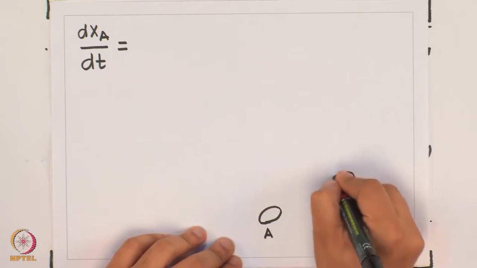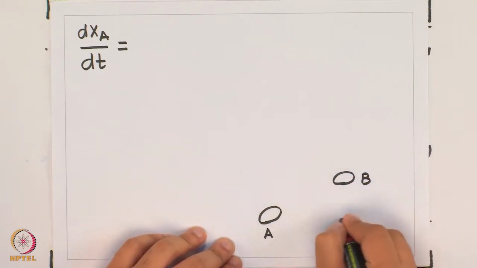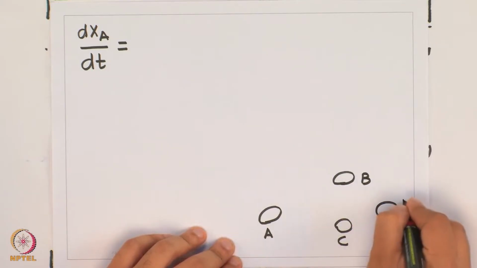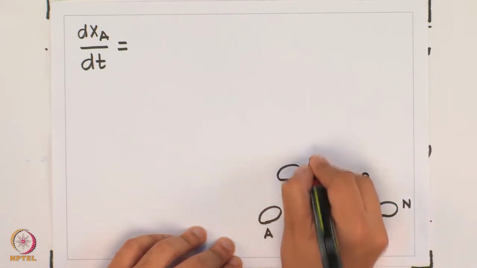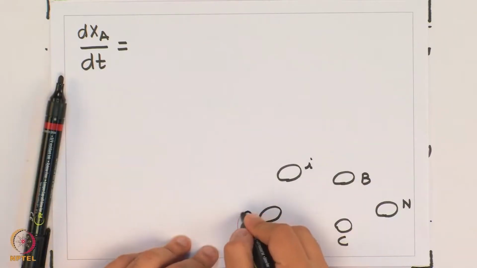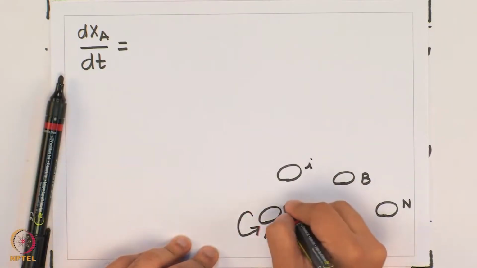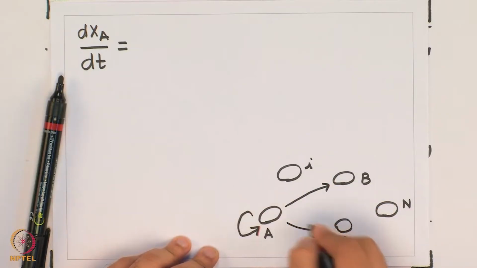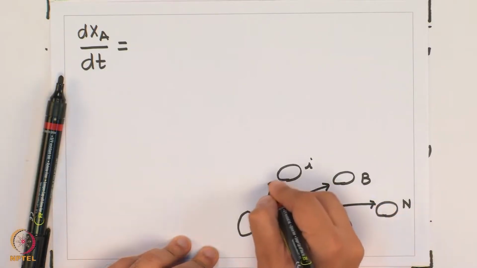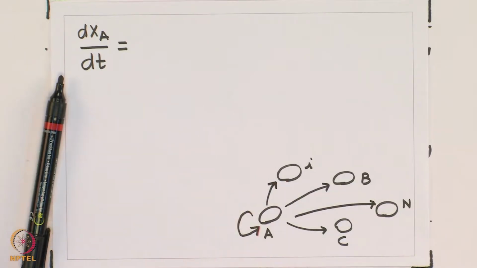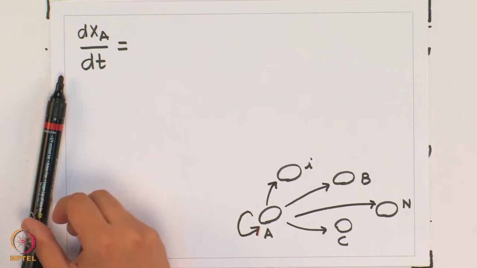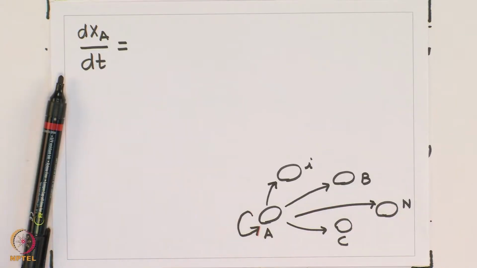We have genotype A, B, C, N and I, and we have A leading to A, B, C, N and I. What influences the number of A's that are present in the population that we are talking about here? To account for the number of A's in the population, we are going to be interested in all the arrows which are coming into node A.